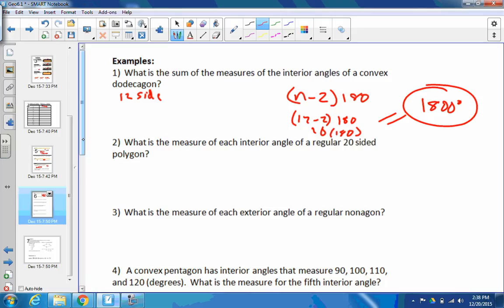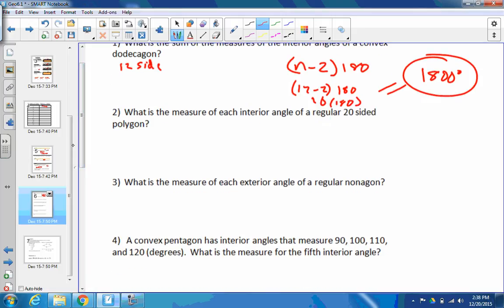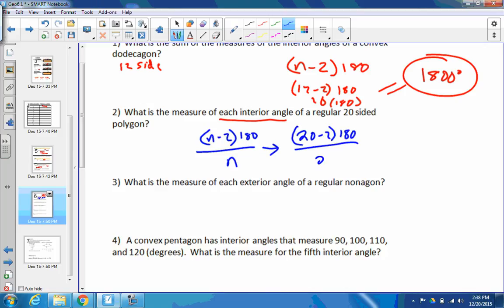All right. What is the measure of each interior angle of a regular 20-sided polygon, or a 20-gon? Each interior angle this time. We're going to use n minus 2 times 180 divided by n. So 20 minus 2 times 180 divided by 20, which is 18 times 180 divided by 20.